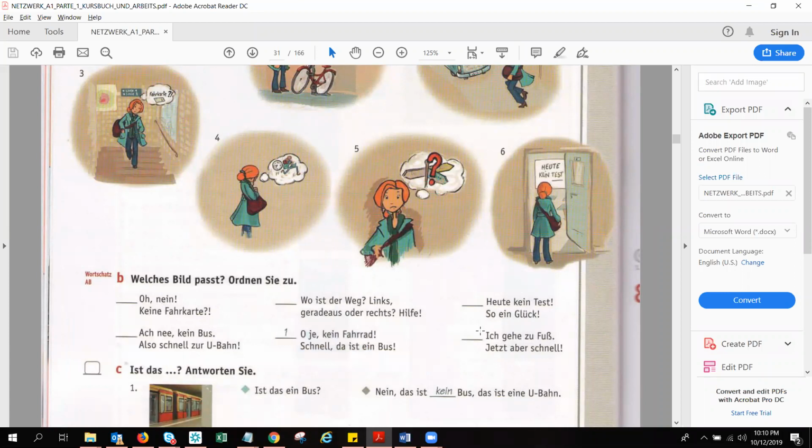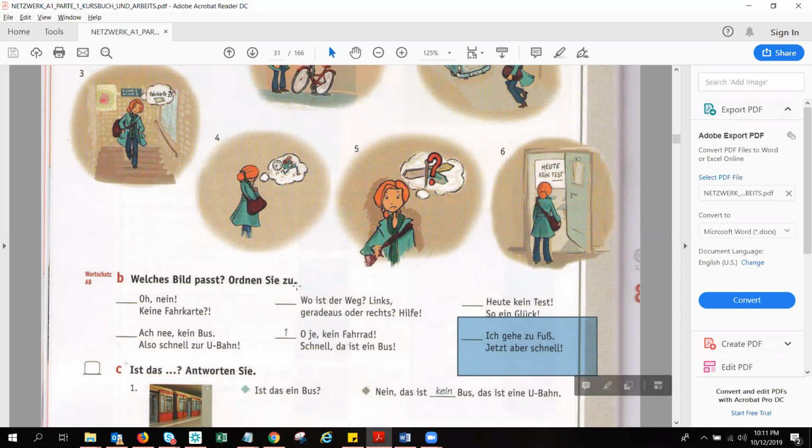Then her thought is, Ich gehe zu Fuß. Zu Fuß is on foot. I'll go on foot. Jetzt aber schnell. Jetzt means now, aber is but, and schnell is fast. But now fast. She didn't get the cycle, the bus, or the train, so the last option is to go on foot. So she said to herself, but now fast.